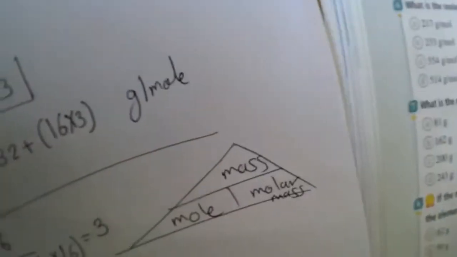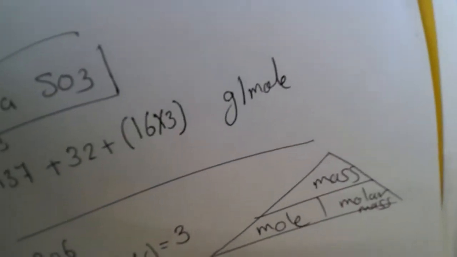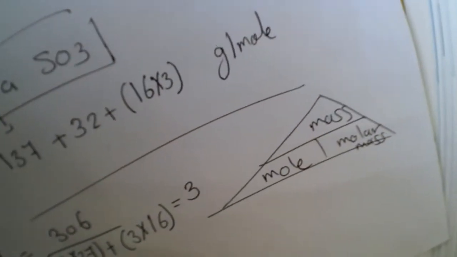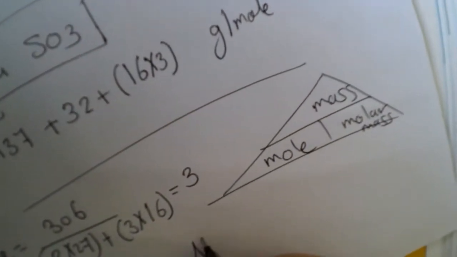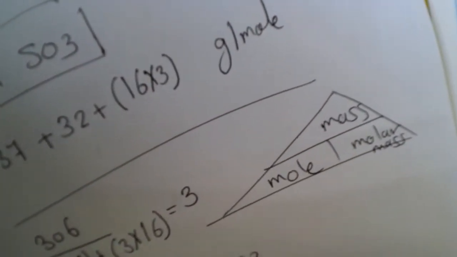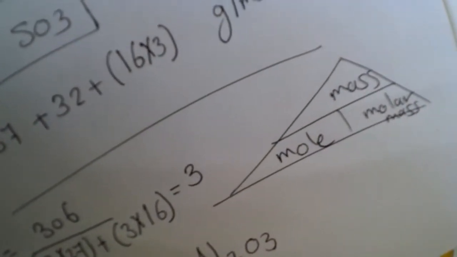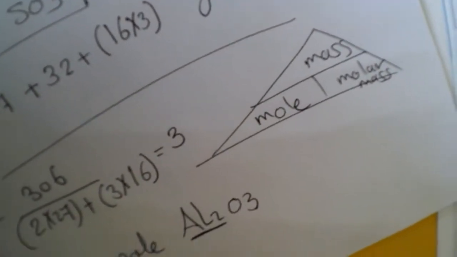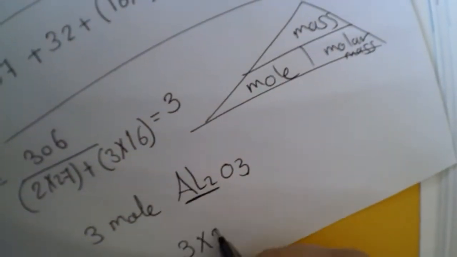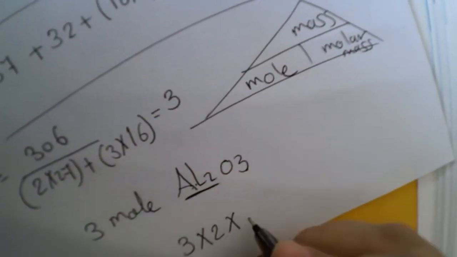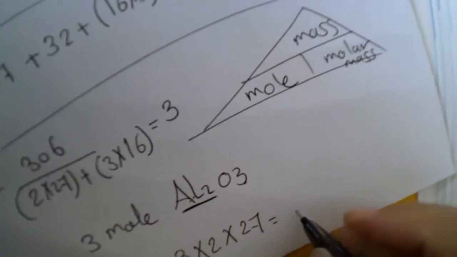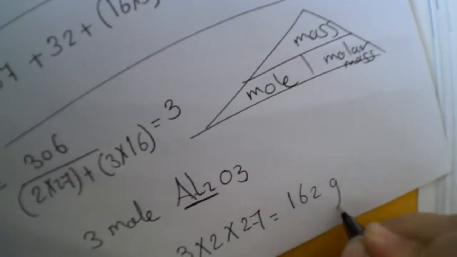So this mass represents 3 mole of Al2O3. He wants to find the mass of aluminium. So it's gonna be 3 times 2 times the mass of one aluminium, which is 27, it's gonna be 162 grams.